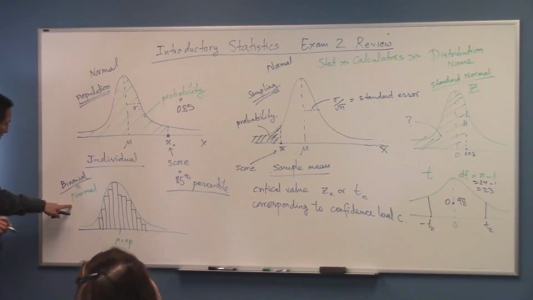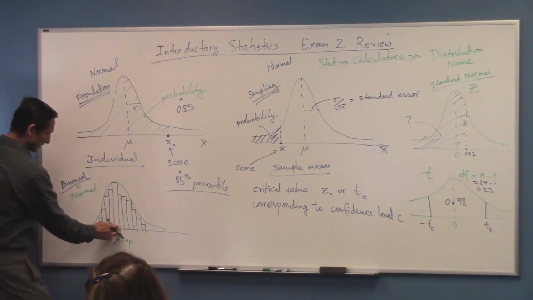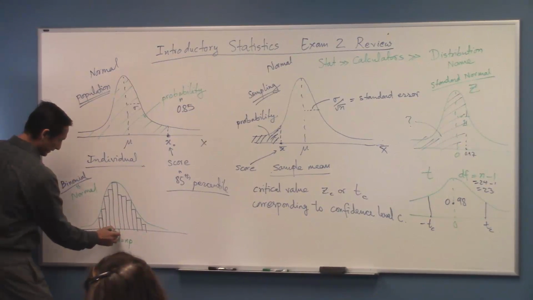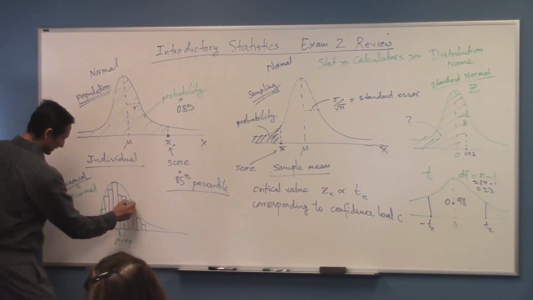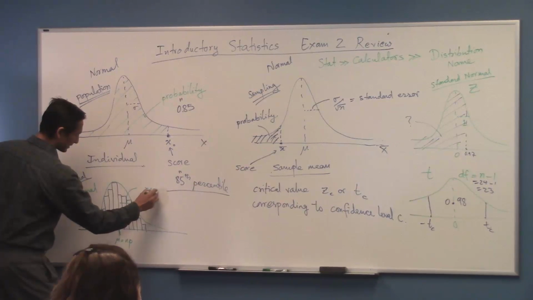Binomial distribution approximated by normal, its mean is going to be n times p, and its standard deviation is going to be the square root of n times p times q.